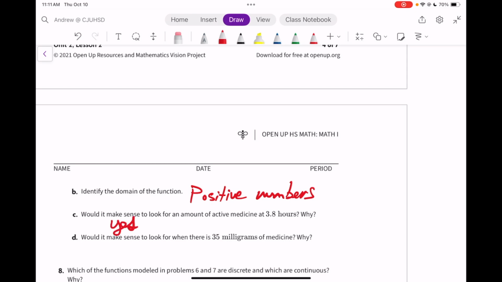Yes, actually it would, because the change is continuous. Would it make sense to look for when there is 35 milligrams of medicine? Basically, it's the same answer. Yes, because of continuous change.